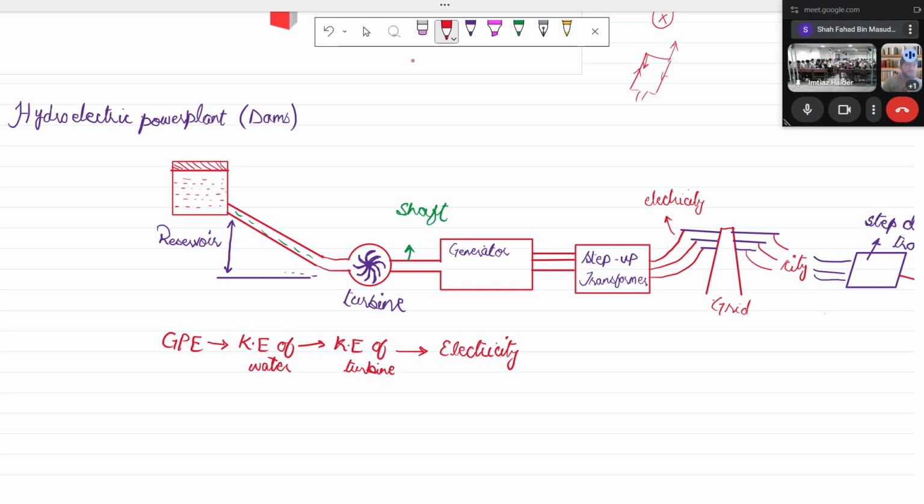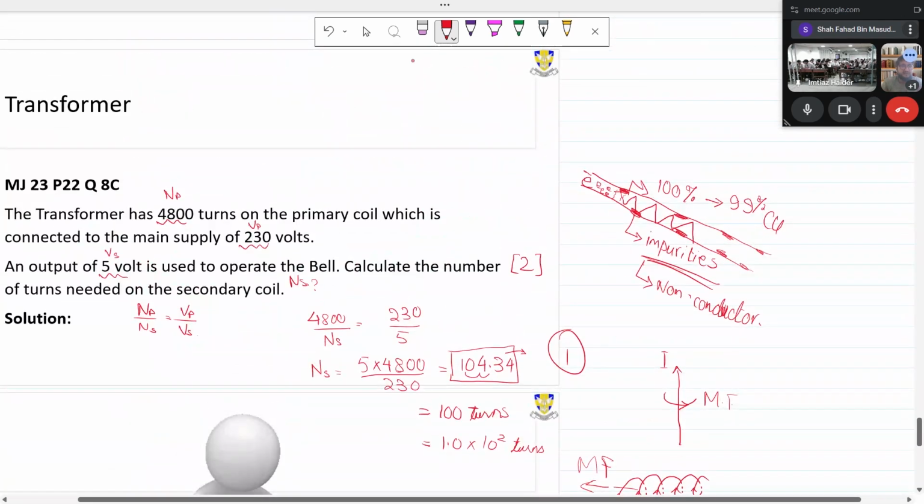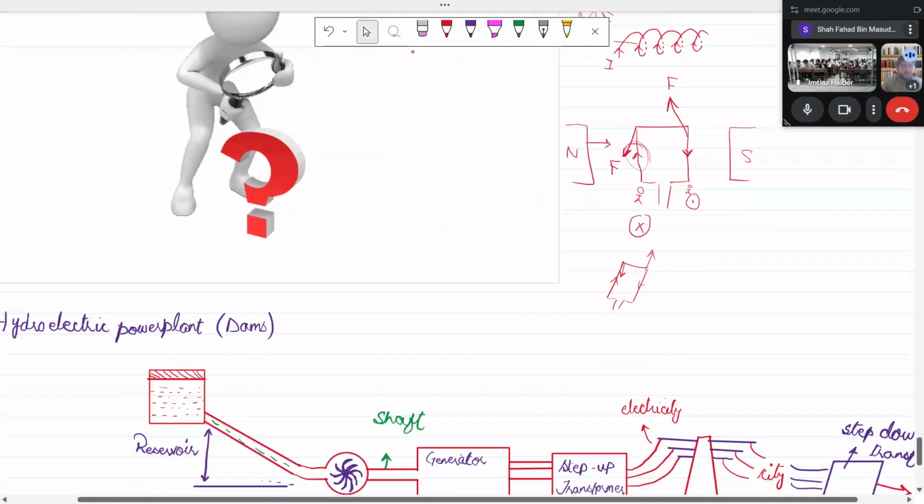Their rated voltage is 220 volts, and 230 volts.